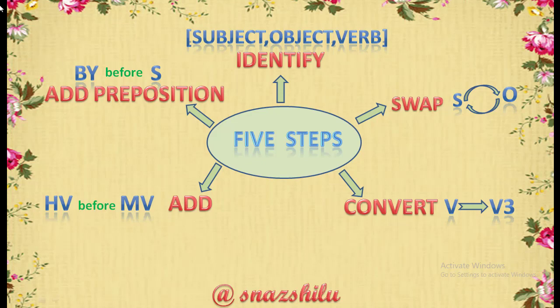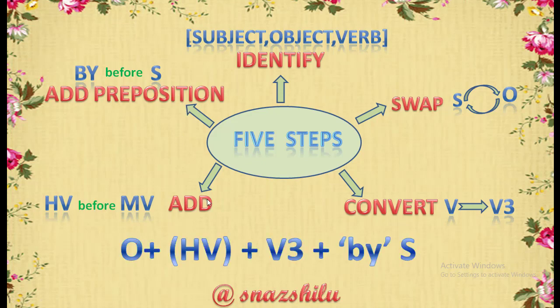And finally, we will add the preposition by before the subject. Is it clear, everybody? So at the end, the sentence structure of passive voice is object, helping verb, then verb 3 form, then by, and then subject. These are the simple 5 steps which we need to follow.